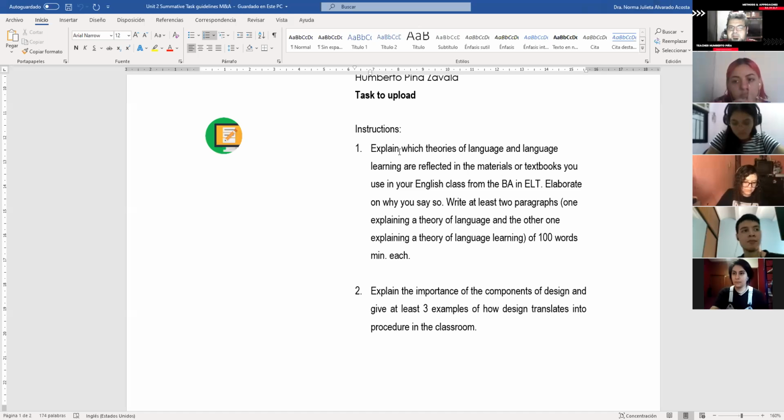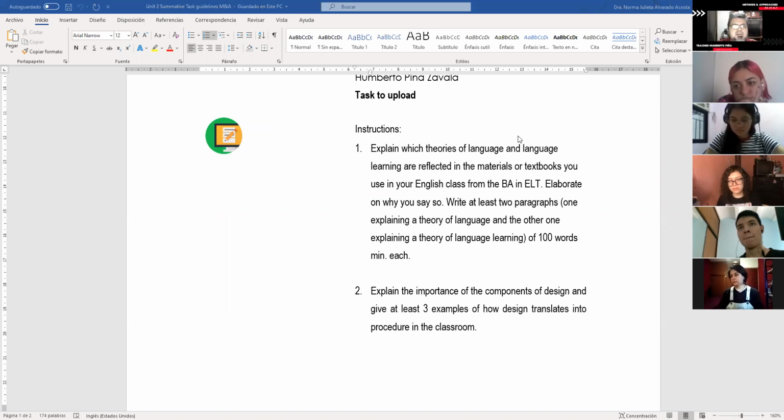Maybe sometimes they explain that this book is aimed at developing blah, blah, blah. But like I said, that's all talk. When you look at the materials, when you look at the activities inside the units of the book, that's when you know what exactly they want to achieve.